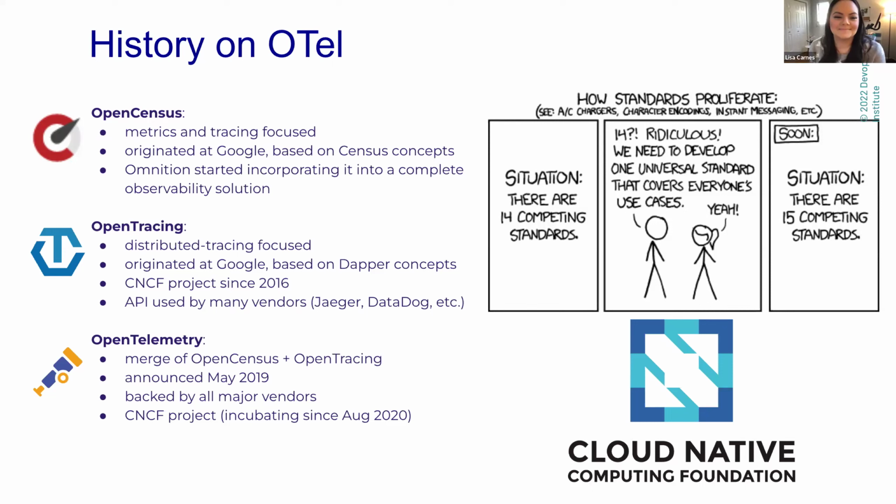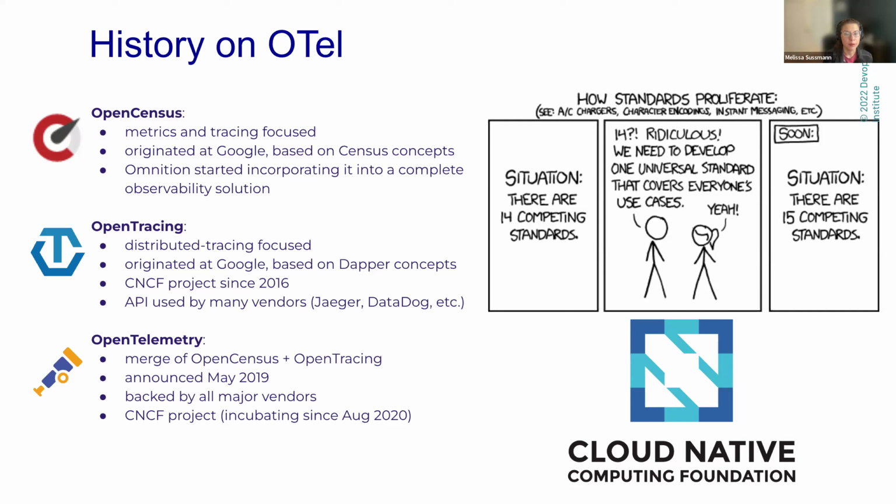On the left, we see that OpenCensus and OpenTracing were the original projects. They came out of Google. Since the projects shared the common goal of data unification, they merged in May of 2019 and went under CNCF governance. That is what makes up OpenTelemetry.